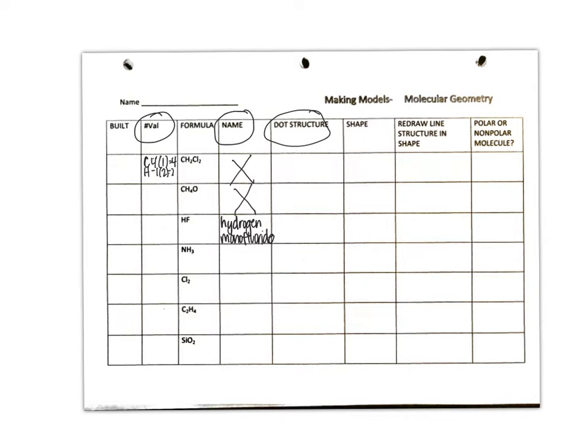So hydrogen is contributing 2 valence electrons. Chlorine has 7 valence electrons, and I have 2, so it's contributing 14. That means all together for my valence electrons, this compound has 20. So 14 and 4 is 18, and 2 gives me a total of 20 valence electrons.